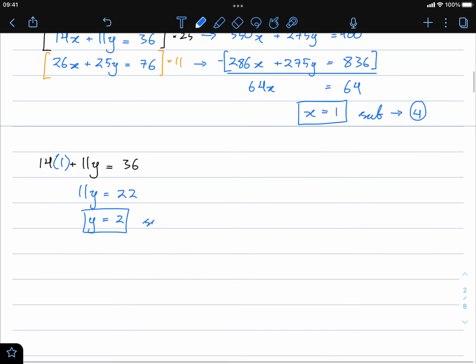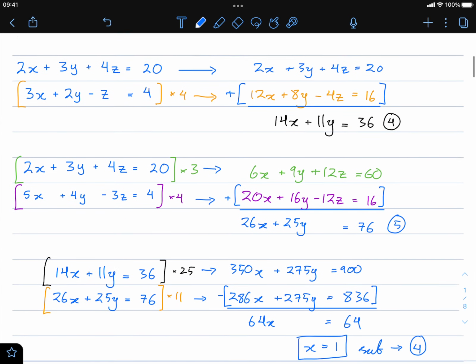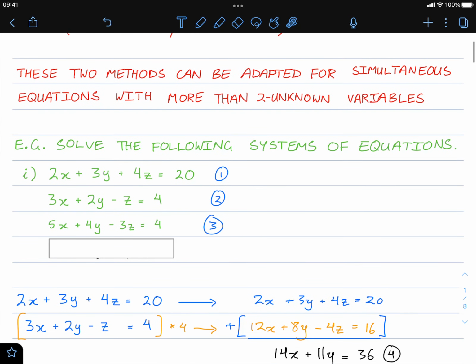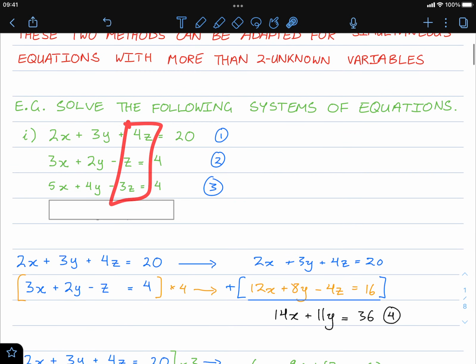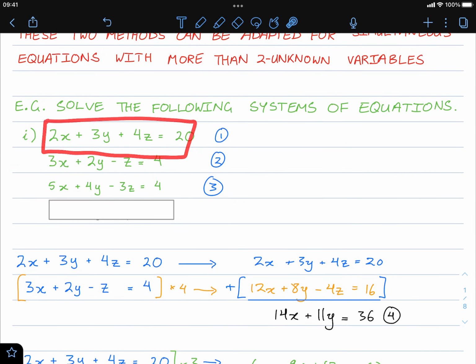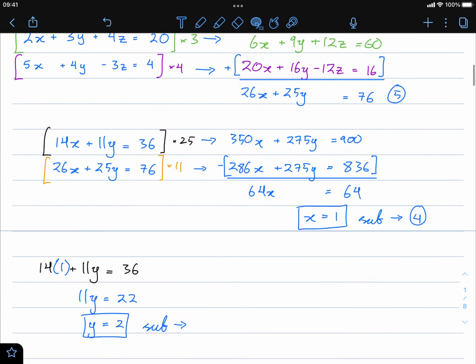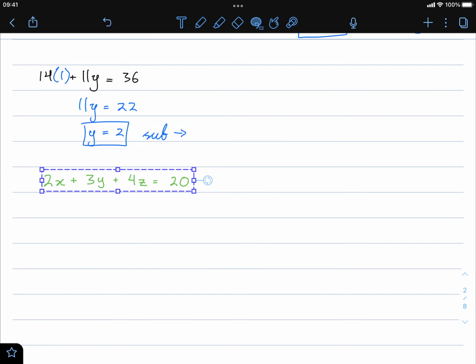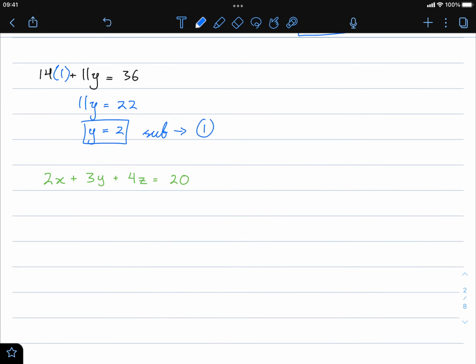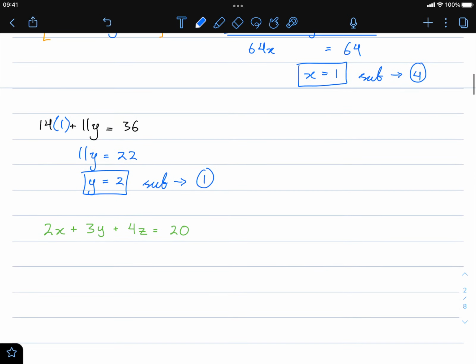Now I'm going to take this one, I'm going to substitute it back into one of the originals this time, because now we need to find z. So let's just pick any of these. Let's pick 1. So I'm going to substitute into 1, but I'm also going to take x equals 1, which we found previously.